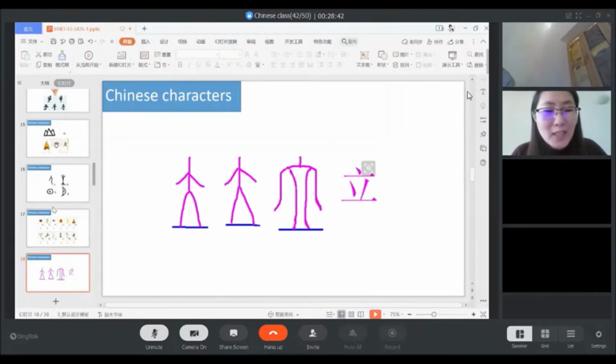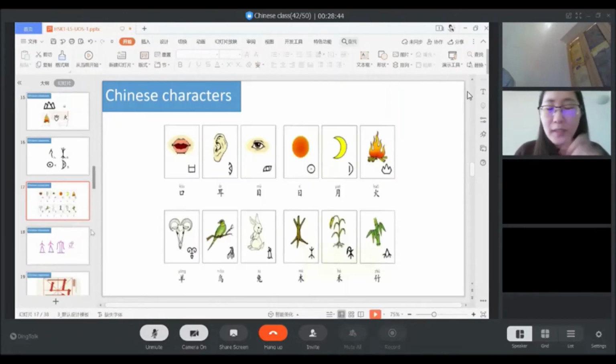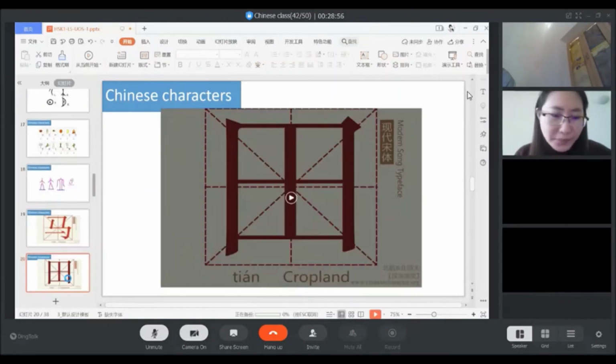So when you learn a Chinese character, you can imagine or check the original form. Then it will help you to remember the Chinese character. And these are the examples.